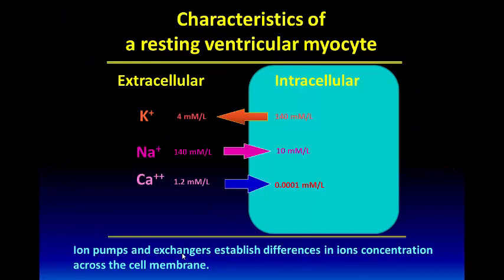So here we have a resting ventricular myocyte where the concentrations of sodium ions and calcium ions are high in the extracellular fluid and low in the sarcoplasm. On the other hand, the concentration of potassium ions is high in the sarcoplasm compared to its concentration in the extracellular fluid.